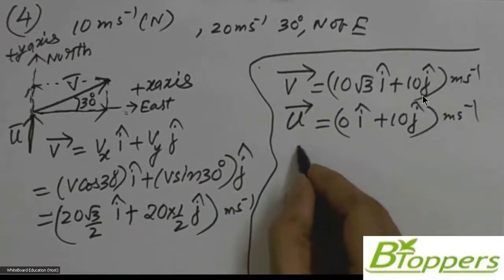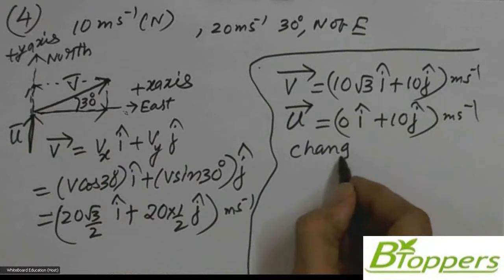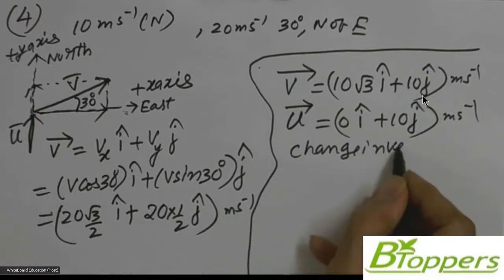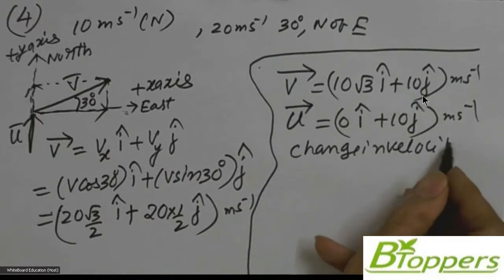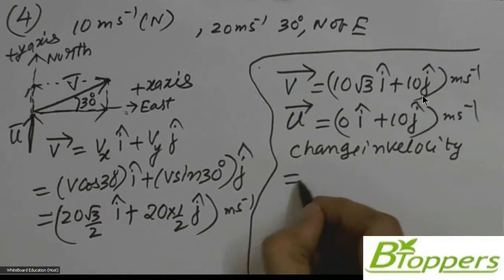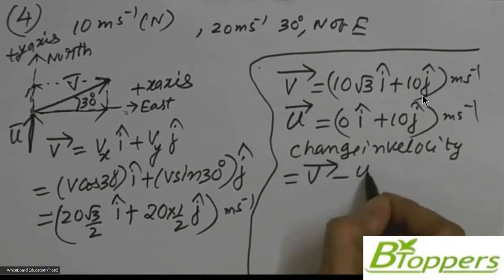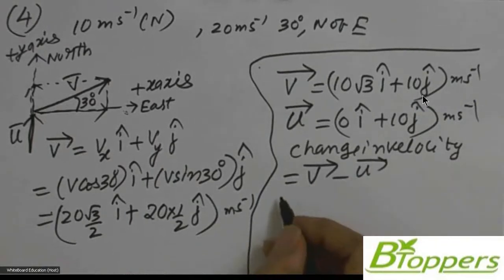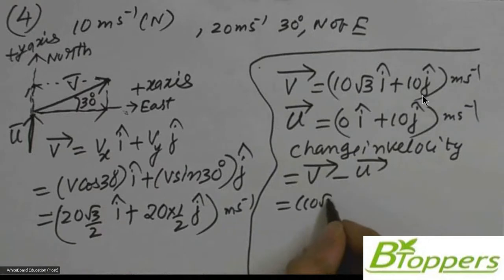So the change in the velocity vector is equal to v bar minus u bar. First take the difference of x components, that is 10 root 3 minus 0, into i cap.